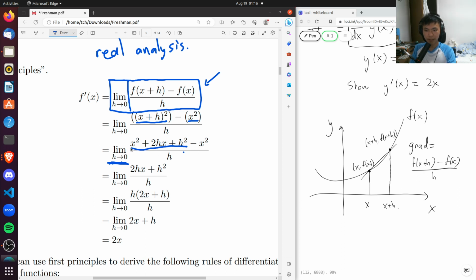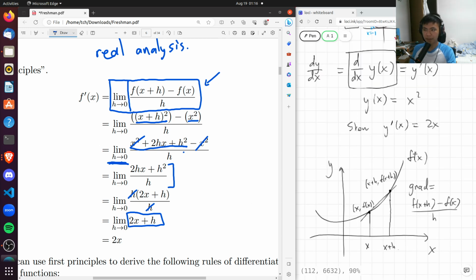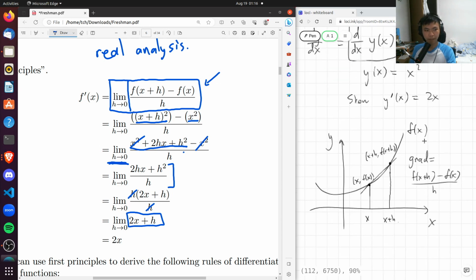Then you see that the x squared cancels nicely, and what we're left with is this expression. If we factor out h, we can cancel the h as well, and then what we're left with is just 2x plus h. Then if we take the limit as h approaches 0, we see that what's left over is just 2x.